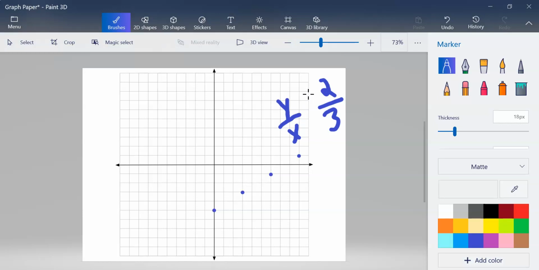By the way, 2/3 and -2 over -3 are actually the same fraction. If you remember way back in 1-1, a positive divided by a positive is the same thing as a negative divided by a negative. They're both positive numbers. So if you really wanted to, you could have also gone down 2, that's the -2, and to the left 3. Notice you get the same line either way.